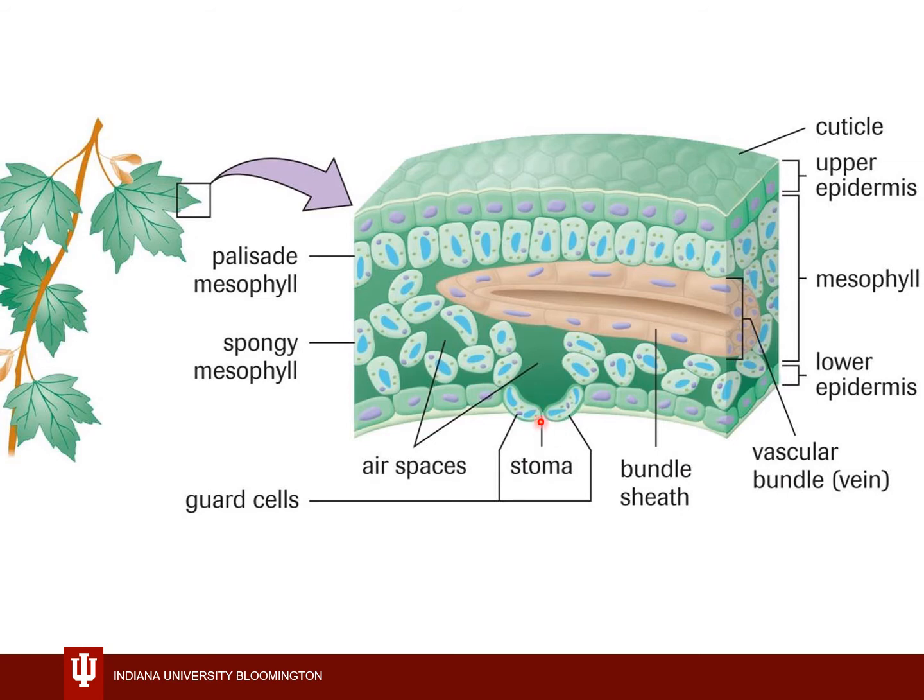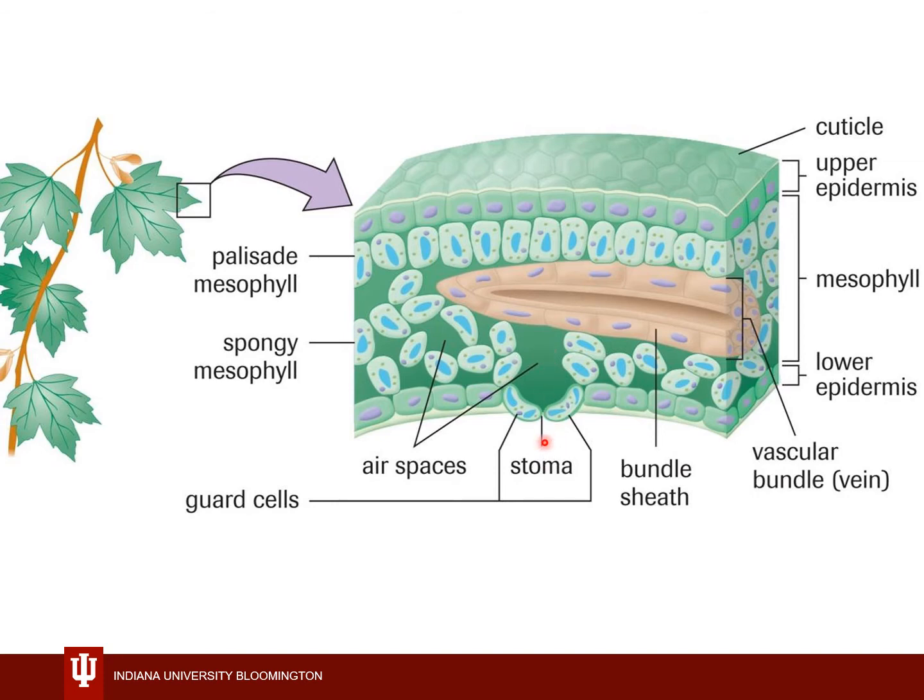It's closed in this diagram, but if it was open, it would be this pore on the surface of the leaves, and it's surrounded by these guard cells that open and close the stoma. And so this is where gas exchange occurs. Trees open these up so that they can pull CO2 from the atmosphere into their leaves, and then they have CO2 available to them for the photosynthetic process, so they can convert that into energy.